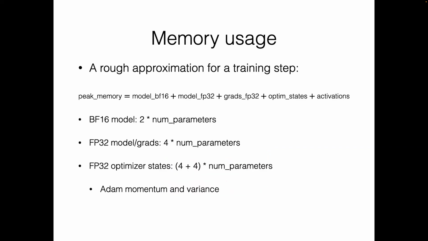So if we look at a rough approximation of the memory usage in a training step, just to get some sense, one thing you could do is store your model in this bfloat16. 16 means you have 2 bytes, and then you multiply it by the number of parameters.